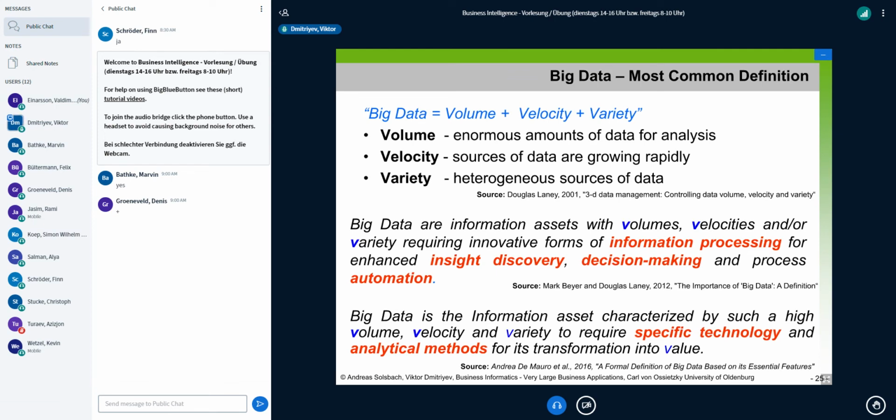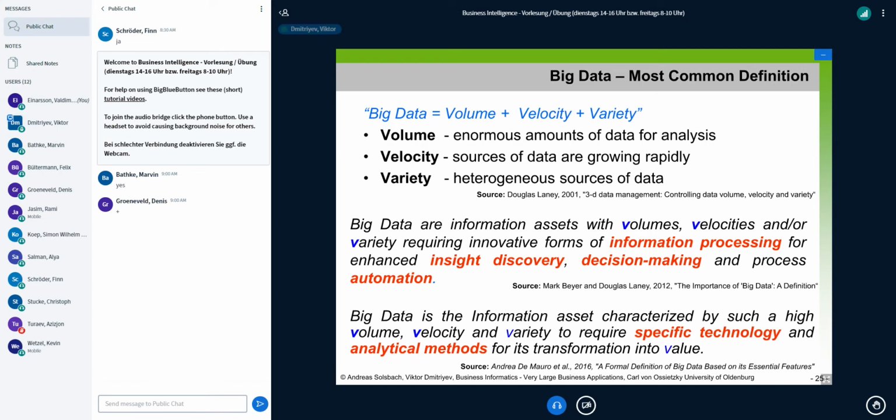You have heard about big data. It's a big buzzword, used to be, and still is there. What is important to know for you? It's not about the data only, huge amounts of data. It's how the data grows, and you have different data, coming from all over the world, that you could potentially analyze.